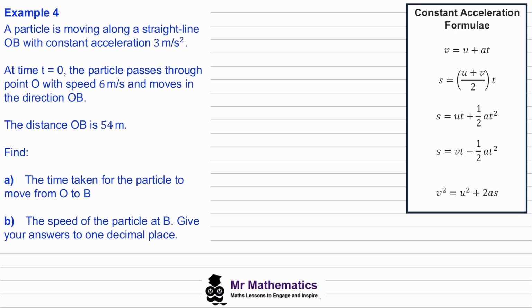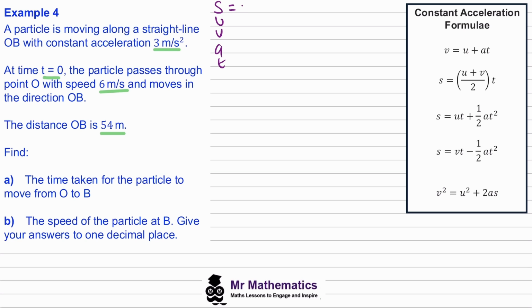Okay, so welcome back. So we know the acceleration is 3 meters per second squared, and at time t equals 0, the particle moves with speed 6 meters per second. So this will be our u value, and the displacement is 54 meters. So we'll work out which formula to use.